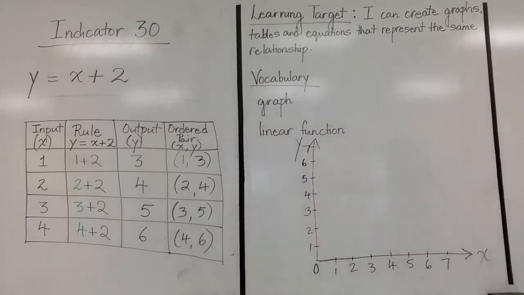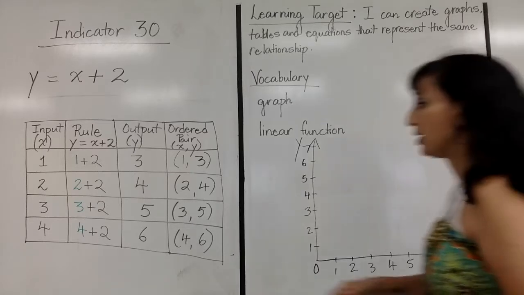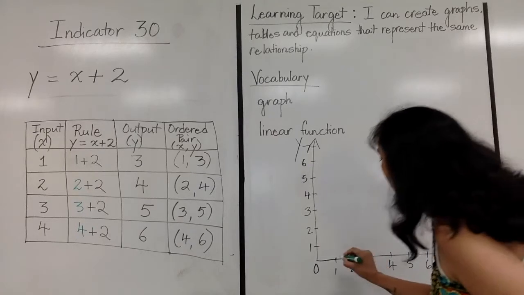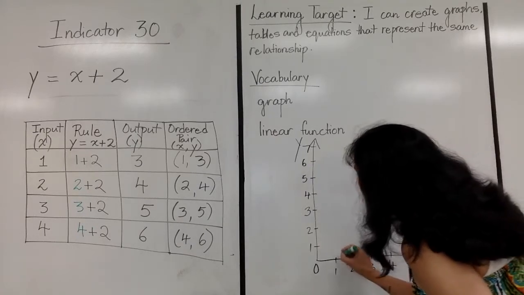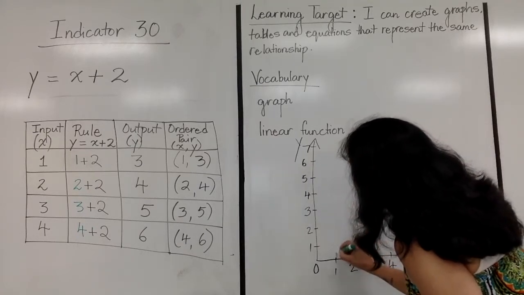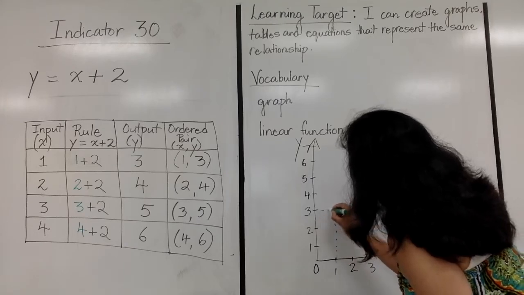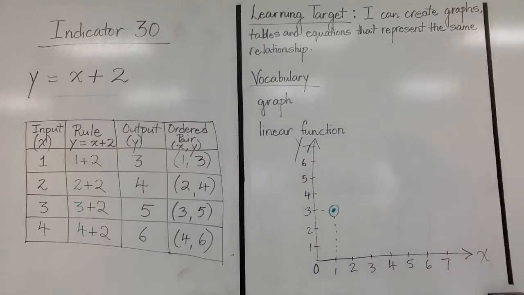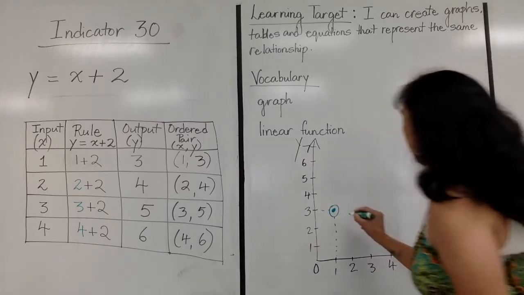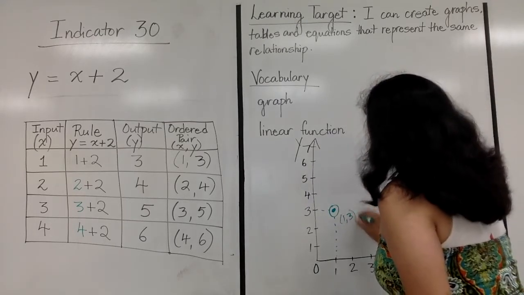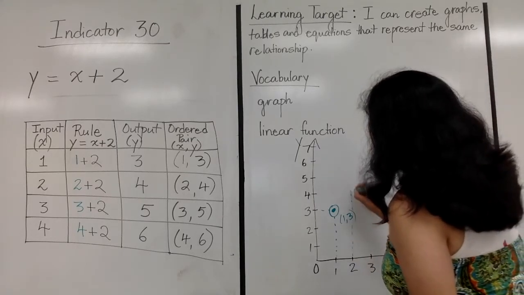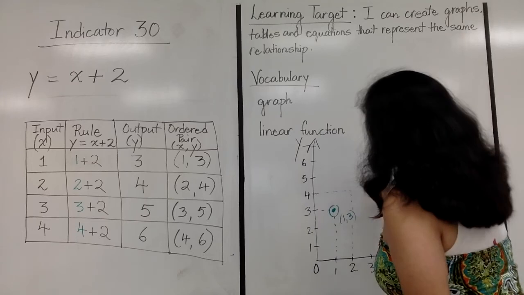Now, let's go ahead and graph. The first one is 1, 3. So I look at 1 over here on the x, and then I look at 3 over here on the y. So this is how you are graphing. And this is my 1, 3. Then I look at 2 from here and 4 from here.